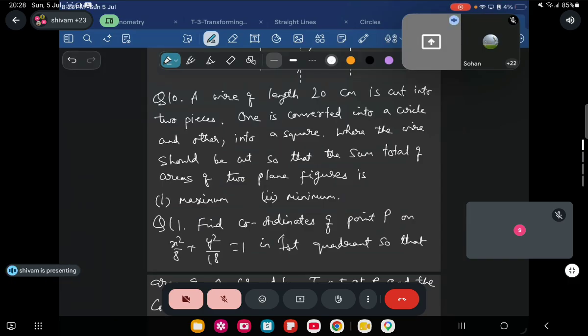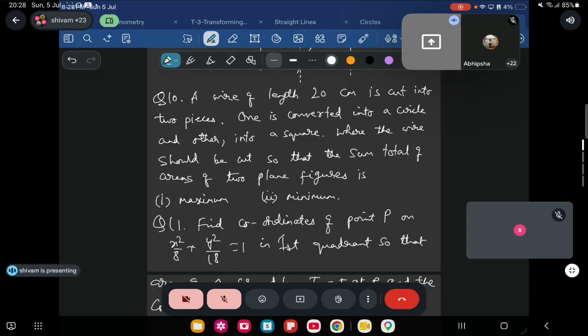Yes, Rishabh, check your answer again. Okay, Oisha, how did you get this answer? Cannot understand. Can you send me the full solution? Yes, sir. Part 1. Okay, I understand.